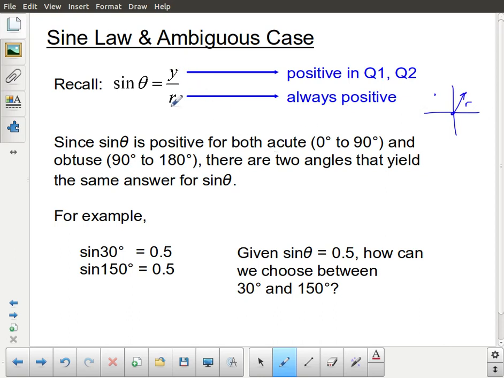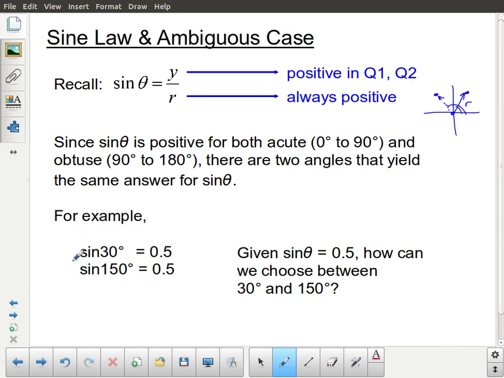So this is positive over positive, which means so long as the point has some symmetry across the y-axis, whether you're talking about this angle or this angle, you end up with the same value. For example, sine of 30 degrees gives 0.5, and sine of 150 degrees also gives 0.5.